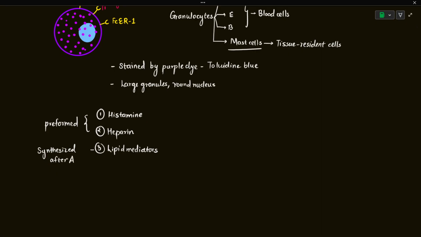The lipid mediators synthesized by mast cells are prostaglandins. We discussed prostaglandins in the neutrophil lecture, right? This is a vasodilator, and the mast cell also secretes leukotrienes.